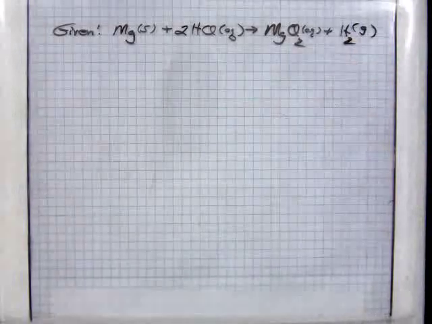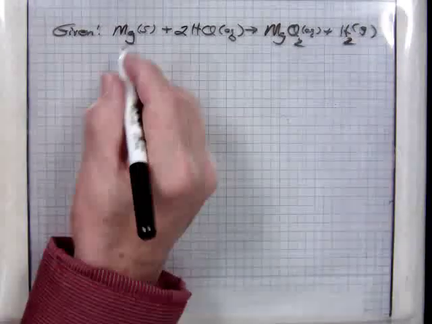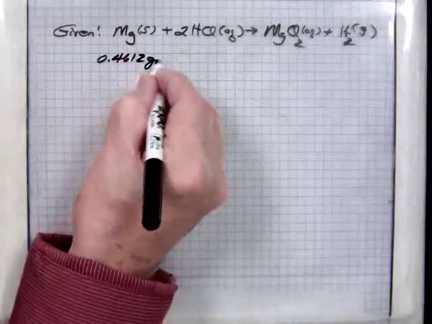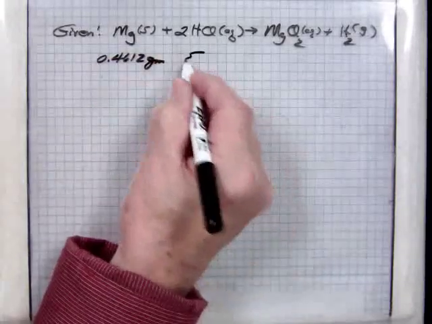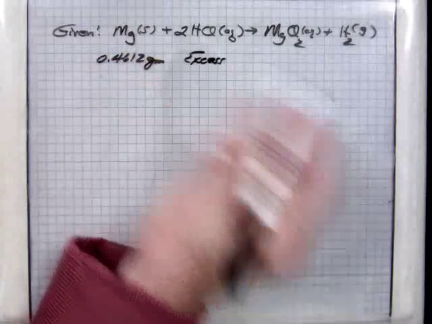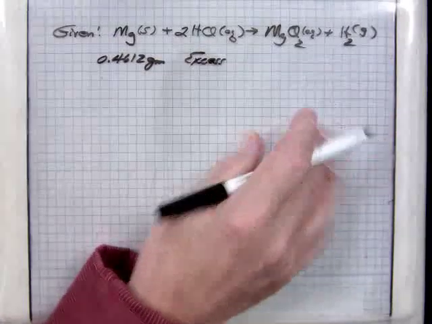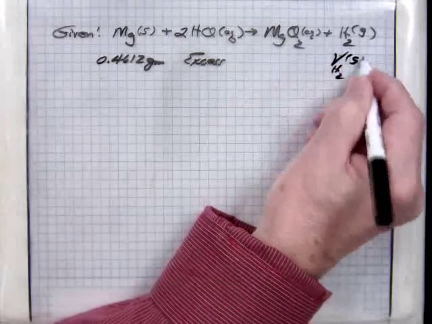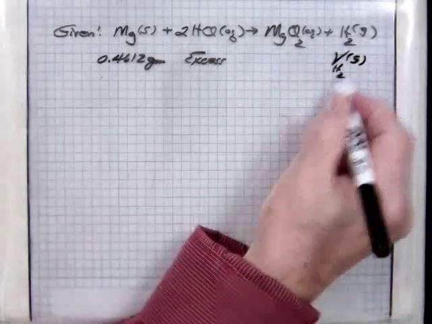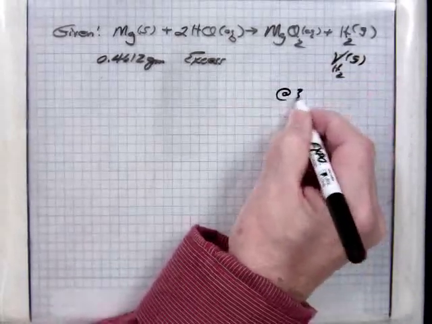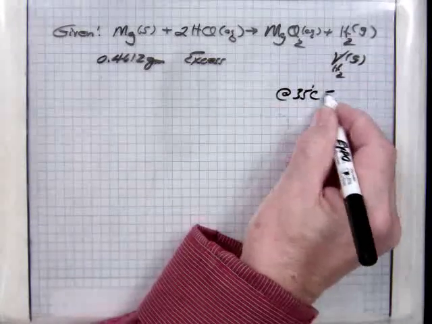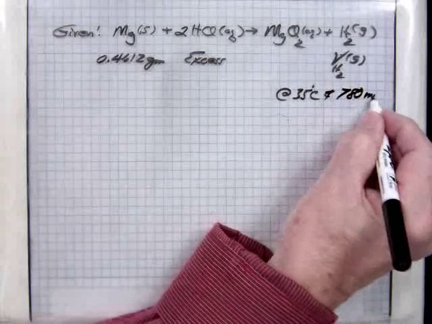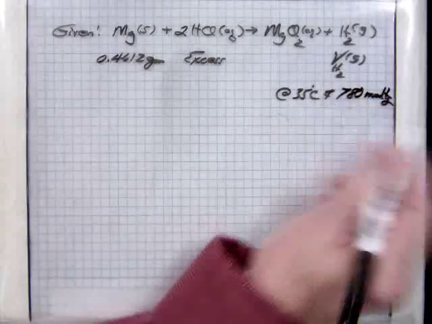All right, let's say we start off with 0.4612 grams of magnesium in an excess of HCl, and we want to know what volume of hydrogen gas is going to be generated at, say, 35 degrees C and 780 millimeters of mercury pressure.